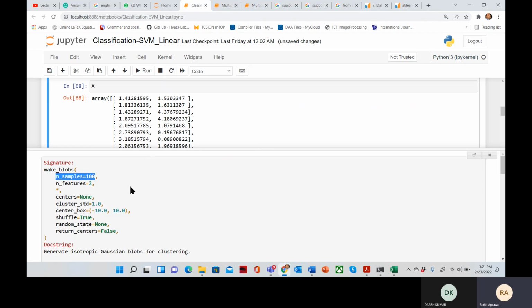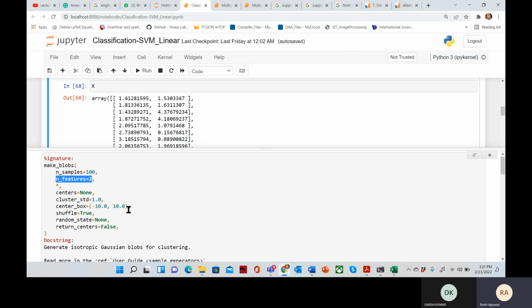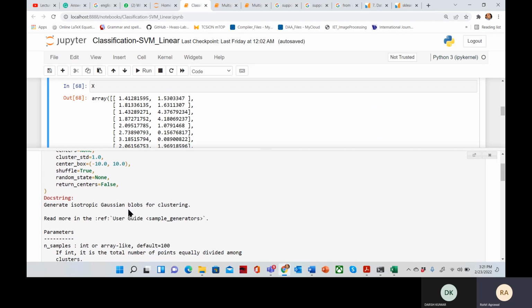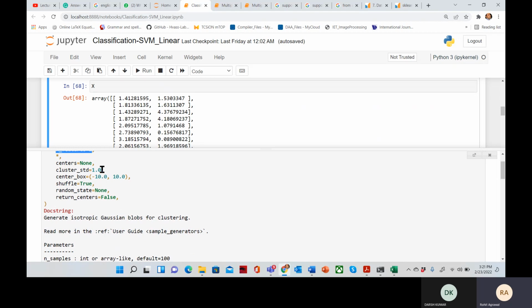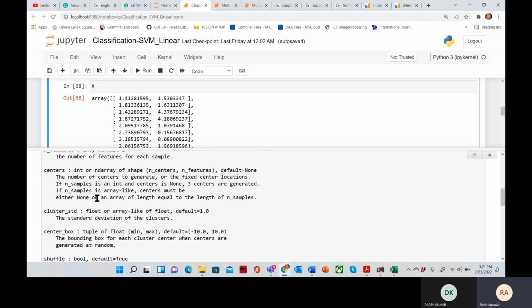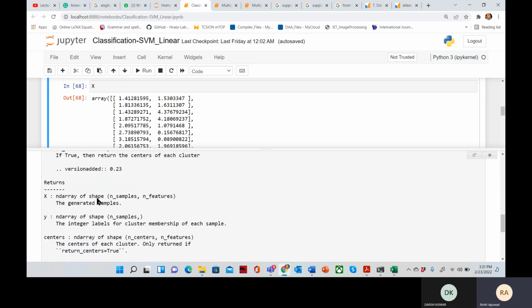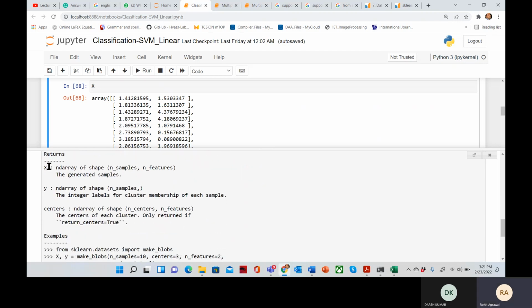We have taken only 50. The number of features by default is 2. You can see random state, shuffle, centers, cluster standard deviation, whose default value is 1, which we can set. These are optional parameters as well. You just need this.